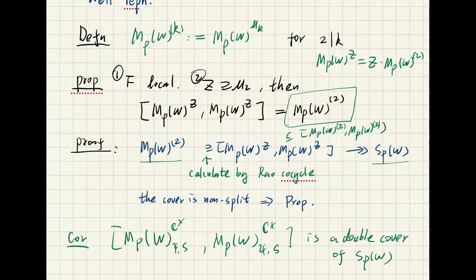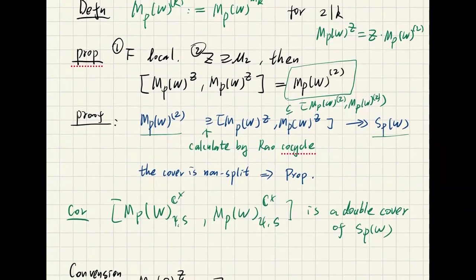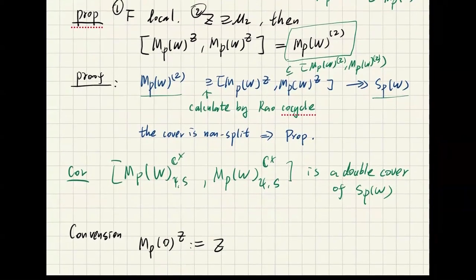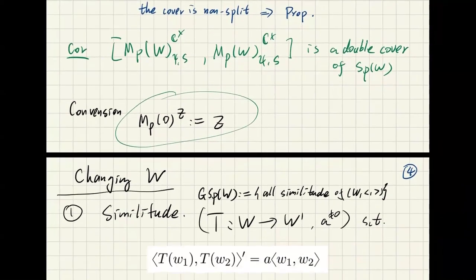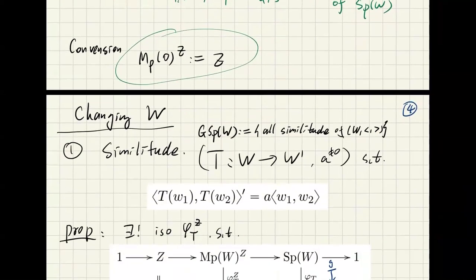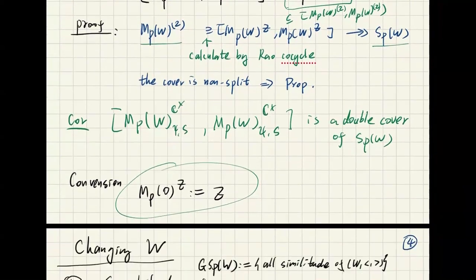I think this gives you the quickest way to define the metaplectic double covering, although it's very abstract, and this fact even holds for the modular case. The convention is MP0 if the symplectic space is the zero space; then we define MP0 to be the same. I spent quite a lot of time discussing how to define the metaplectic group.